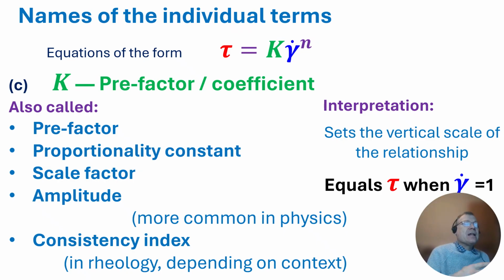It is a nice pre-value that simply multiplies up the value of the shear rate, and just like in your normal line where you have y equals mx plus c, this k value can be thought of as the m value that determines the actual slope of the line.